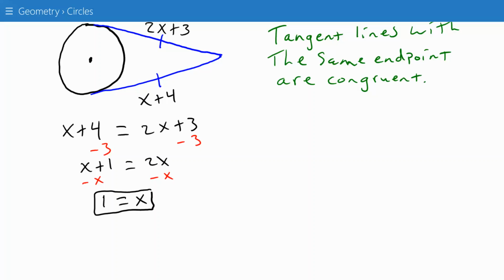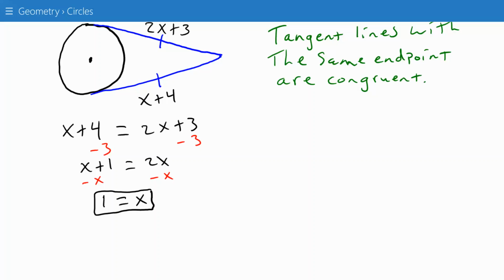Those are the same thing. So because our two tangent lines had the same endpoint, we knew they were congruent. Because they were congruent, that allowed us to set their values equal to each other. So the 2x plus 3 was equal to the x plus 4, and then you're just using basic algebra to solve for the value of x.